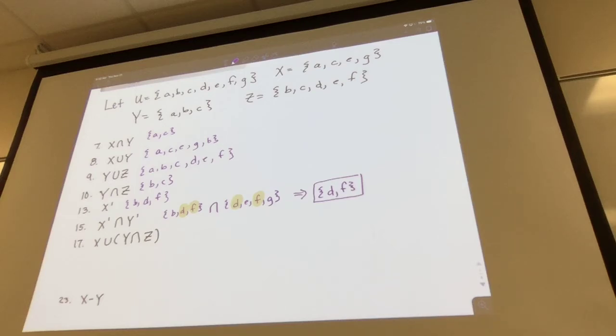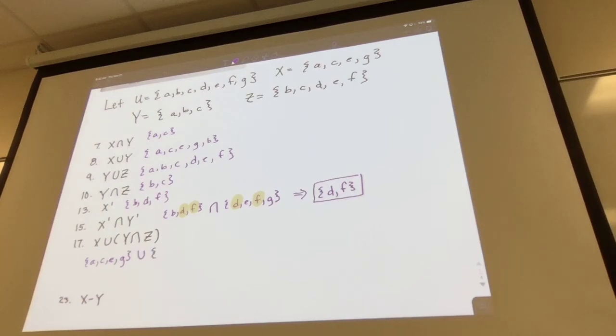So you don't want to try to do too much at one time. We want to break these apart. On number 17, we're going to write this stuff. So first of all, let me have X. That's A, C, E, G. X union.